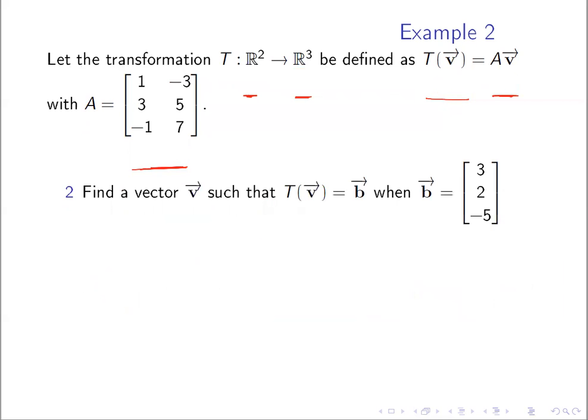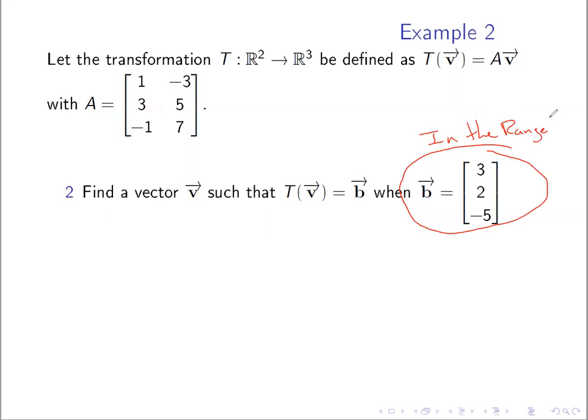All right, hopefully that makes complete sense. Let's go to a different question. If I have a vector B, is there a vector V such that TV equals B? In other words, here's a different way to think about it: is that in the range? There could be multiple vectors, I don't care. I just need at least one for which that works.